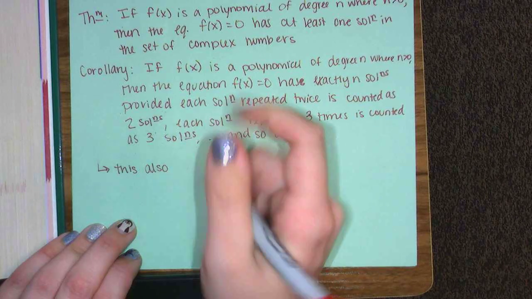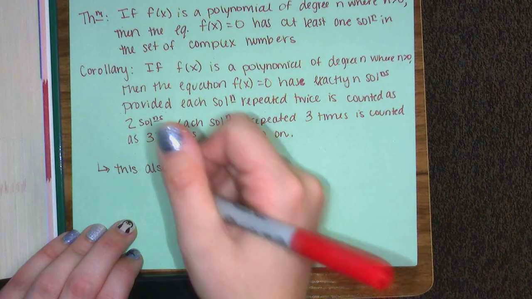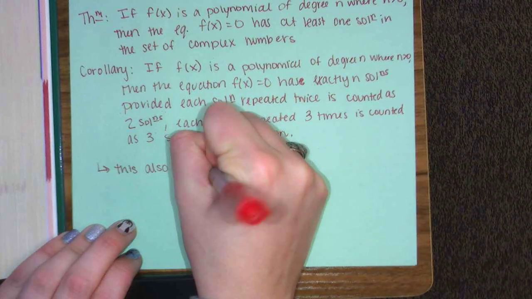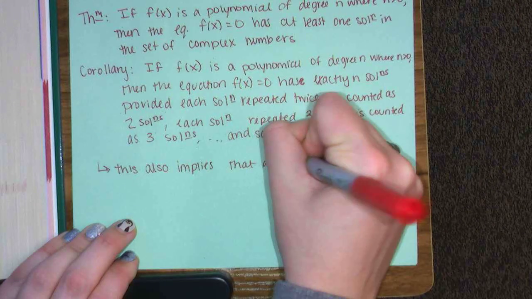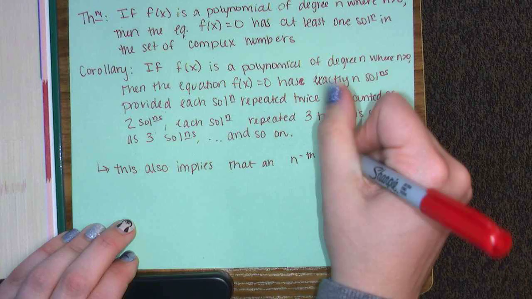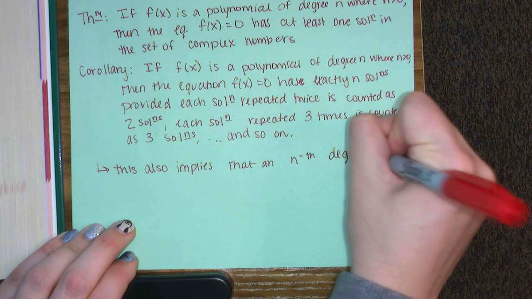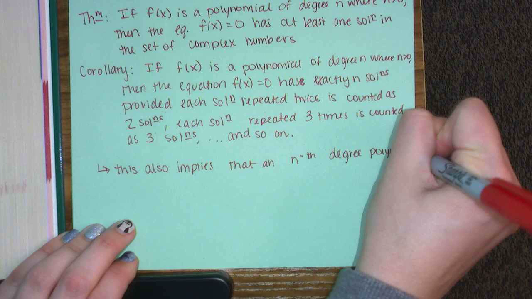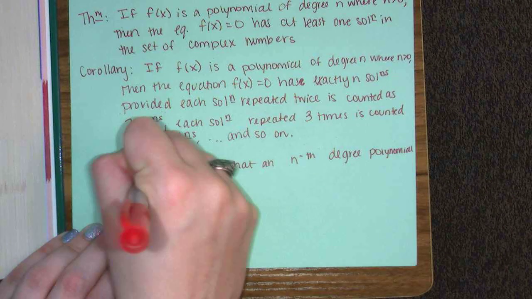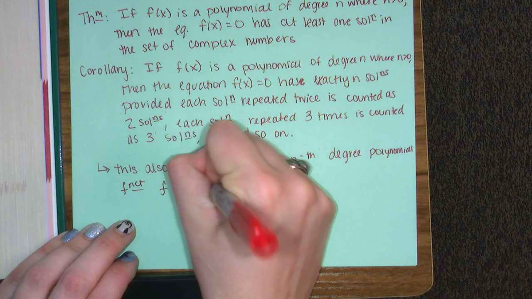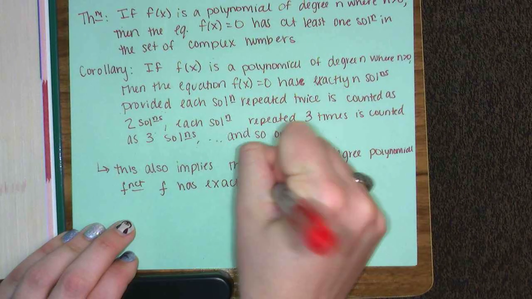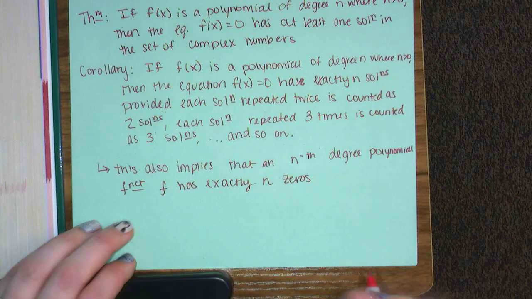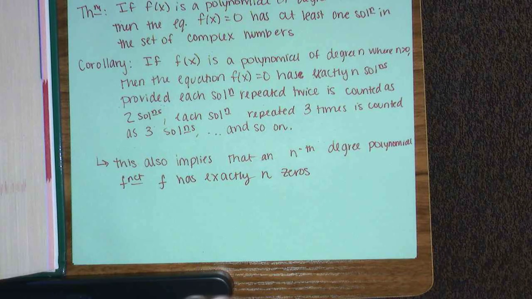This also, okay, this corollary also implies that an nth degree, meaning that power, polynomial function f has exactly n zeros. Okay, so however many solutions it has, that's how many zeros it has, is basically what this means. What does the f mean? The function f, like f of x.